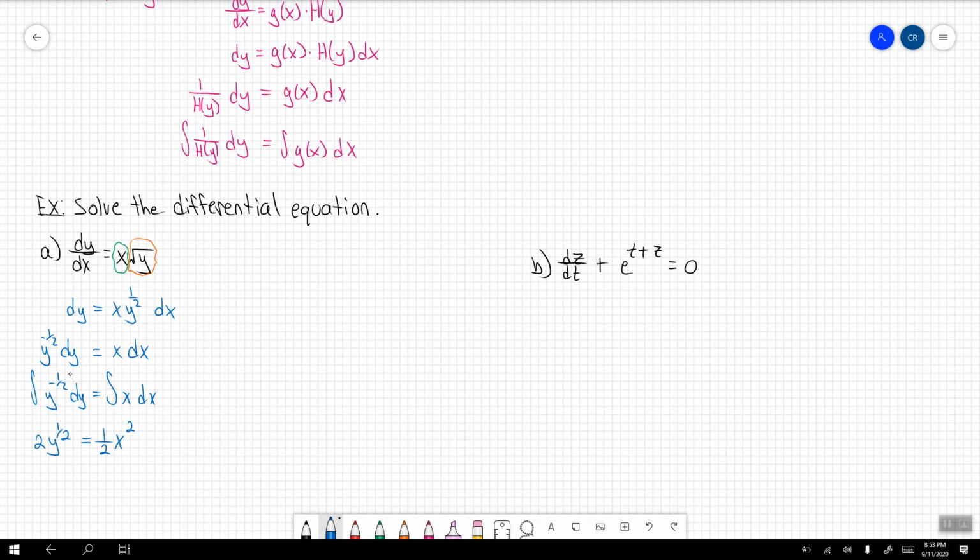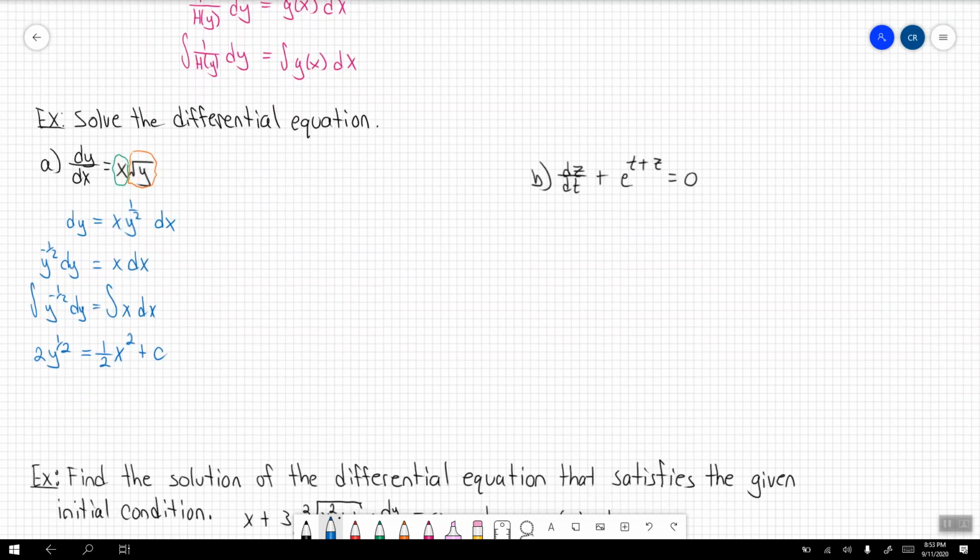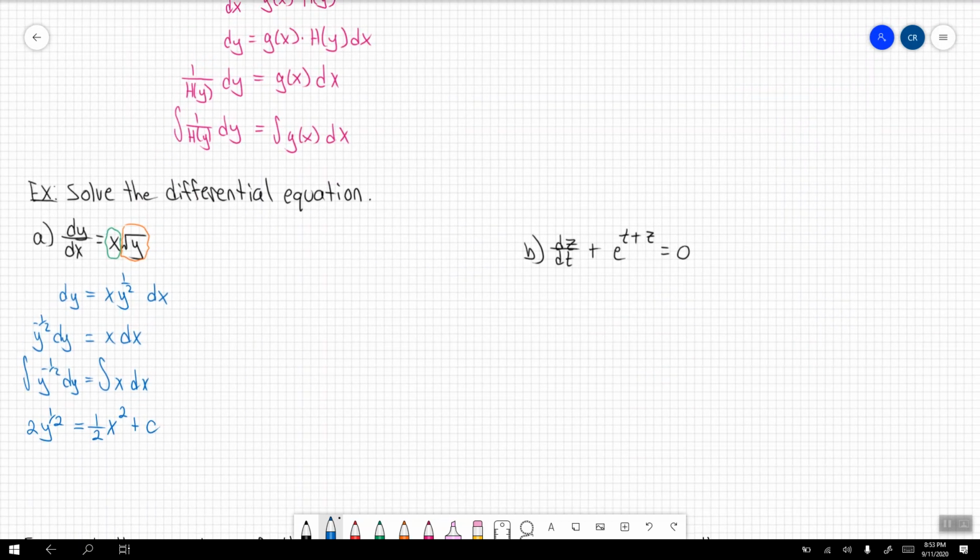And again, since both of these are indefinite integrals, I need a constant. Once I have this, I can then start solving for y. y to the power of 1/2 is going to be equal, multiplied by 2, and this will be x squared plus, we can say 2c, that'll be okay.